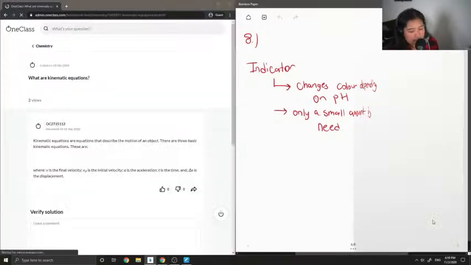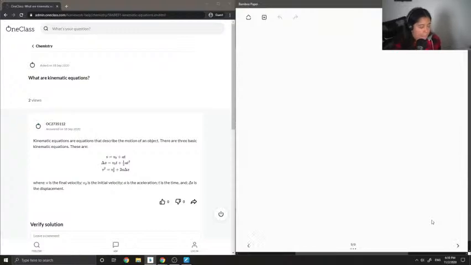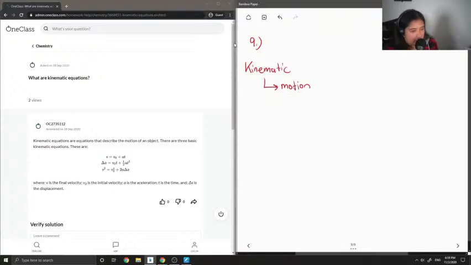Okay, so let's check out question number 9. What are kinematic equations? So first I'll write down the definition of kinematic, which basically describes the motion of an object.